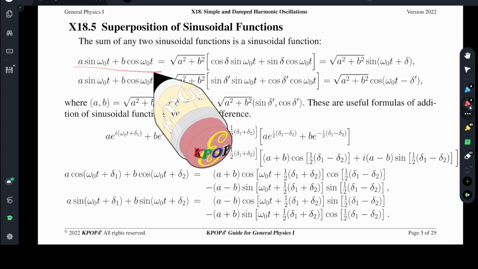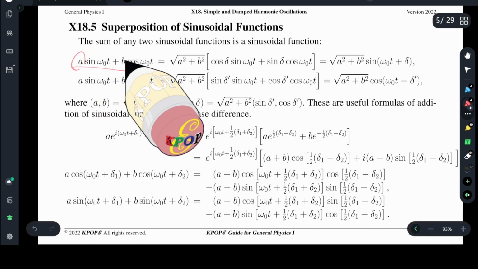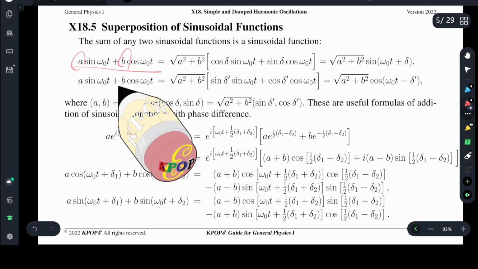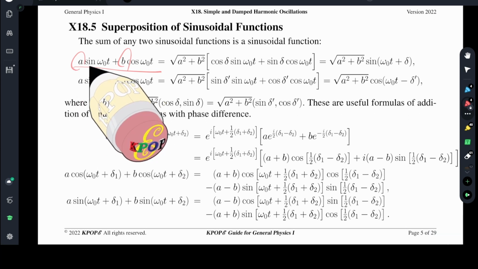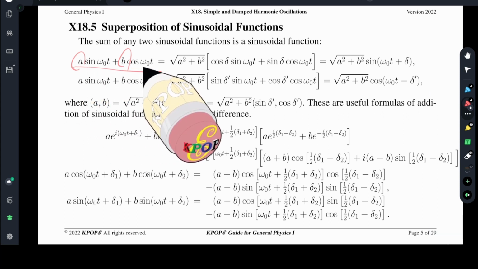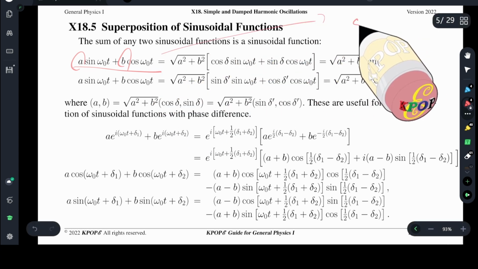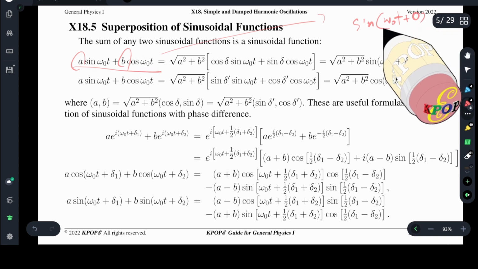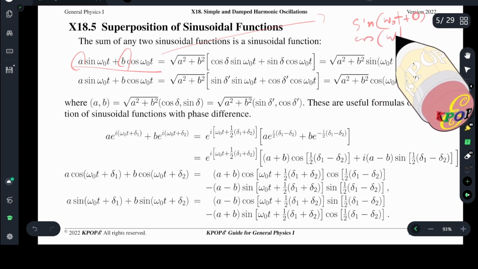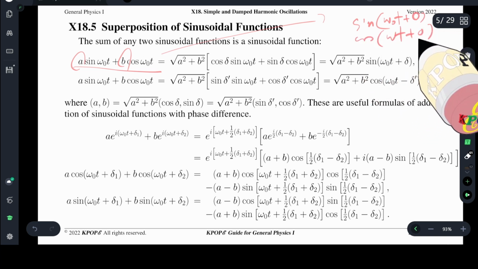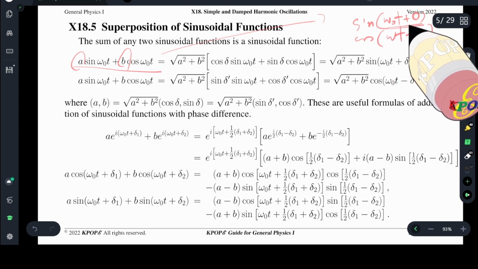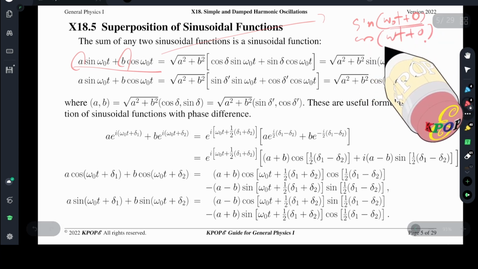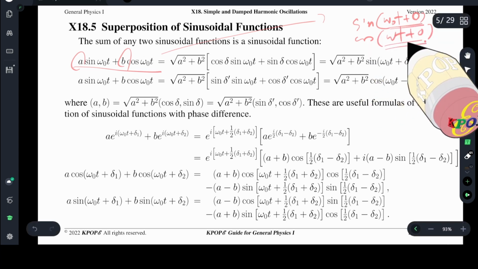In that case, we pull out each amplitude, so that when they are added we have a sine of omega 0 t plus something, or cosine of omega 0 t plus something. Then we would like to make use of the addition formula for sine or the addition formula for cosine.